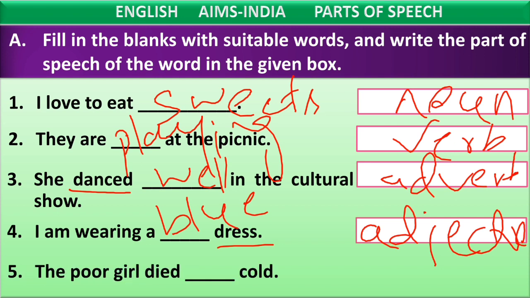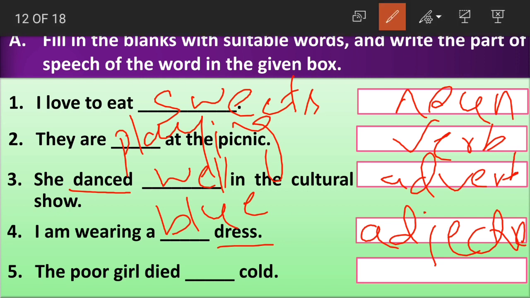The poor girl died dash cold. As she was having cold, the poor girl was so sick that she had to die. So you can just write here, with. The poor girl died with cold. So this with here becomes our what? Preposition. Why, children?